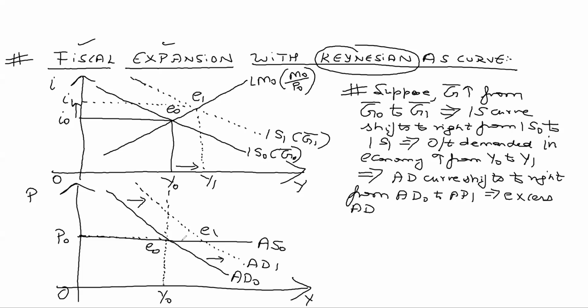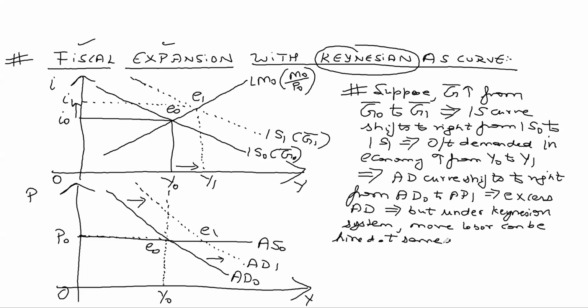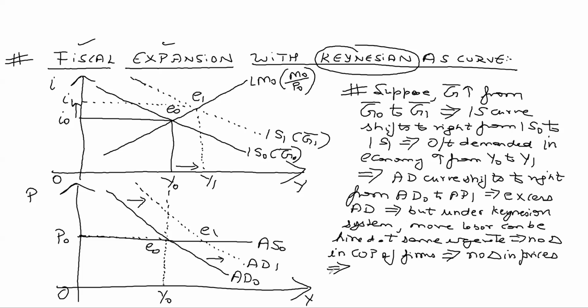Now, but under the Keynesian system, more labor can be hired at the same wage rate, which implies no change in cost of production of firms, which implies no change in prices, which implies at the same price, the firm will increase its supply.